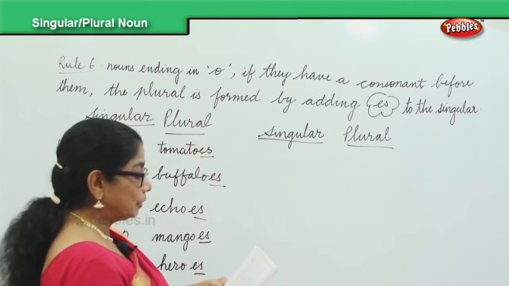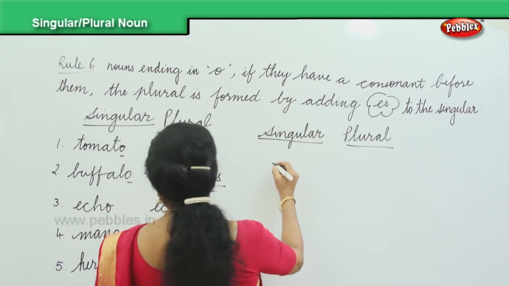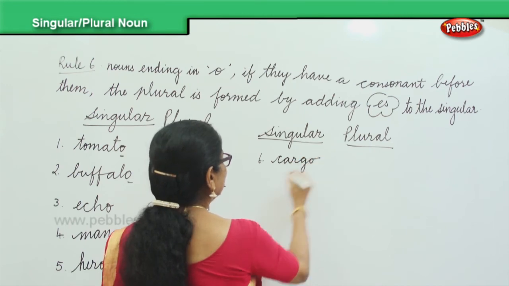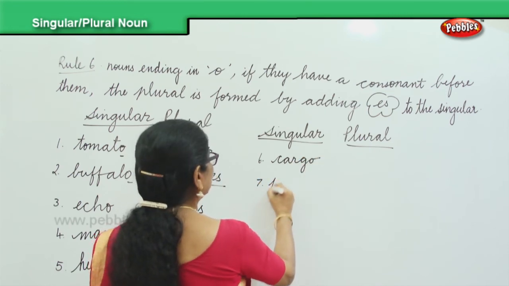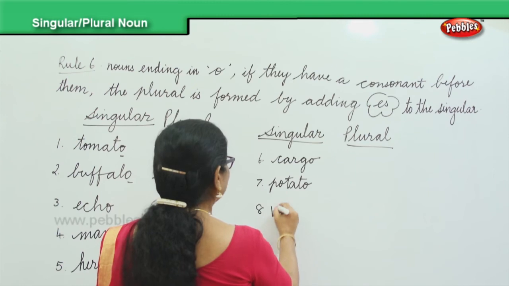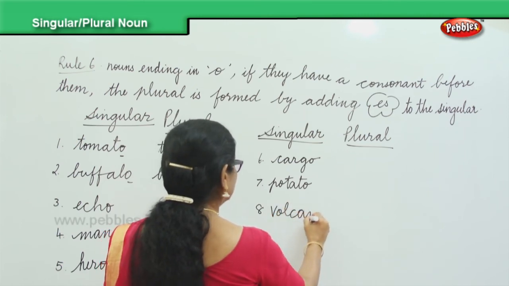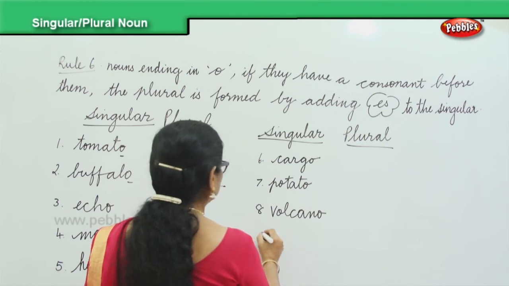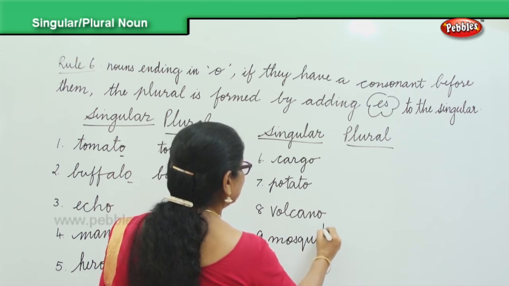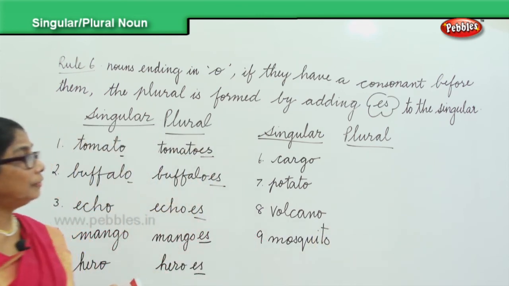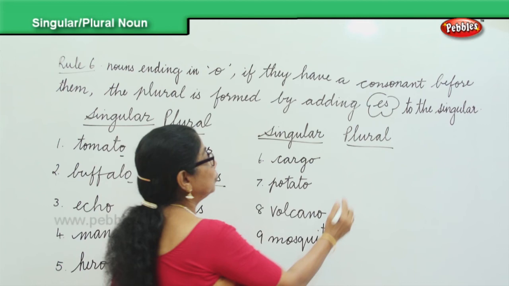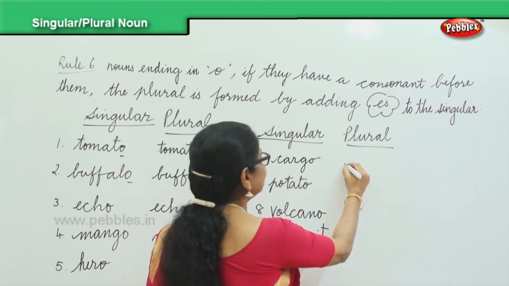And I have a few more examples for you. Cargo, potato, volcano and mosquito. In all this, the endings are all O and there is a consonant before it. Therefore, you form the plural by adding es to the singular.